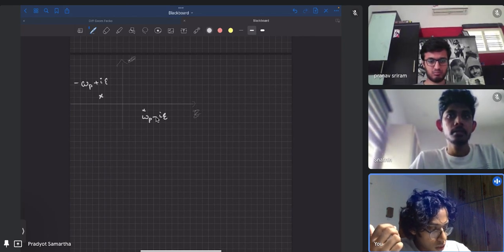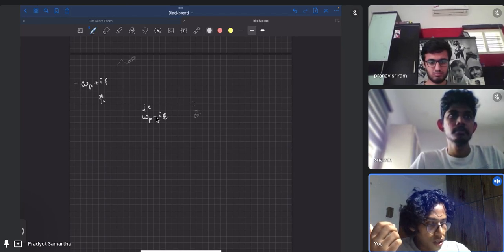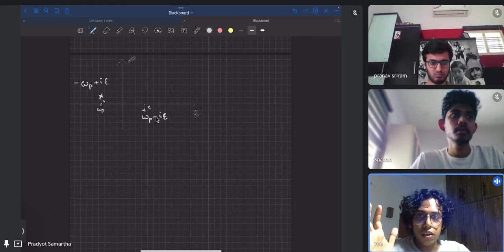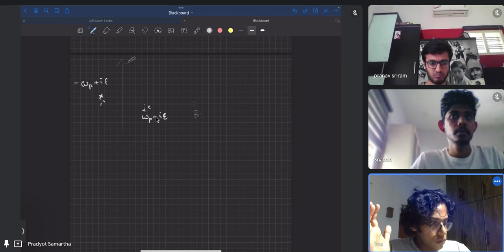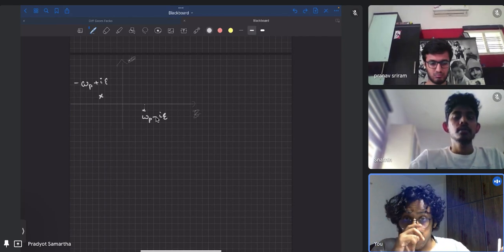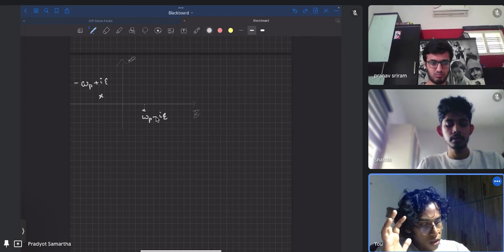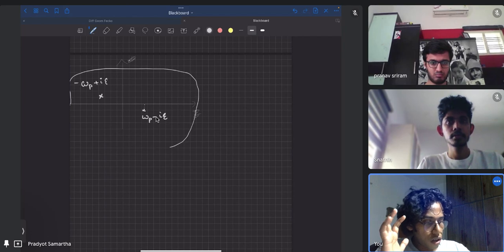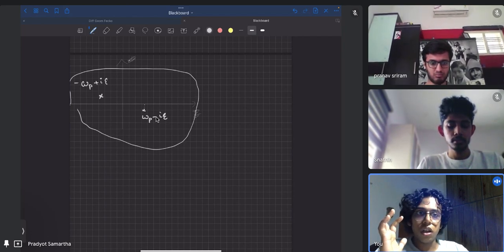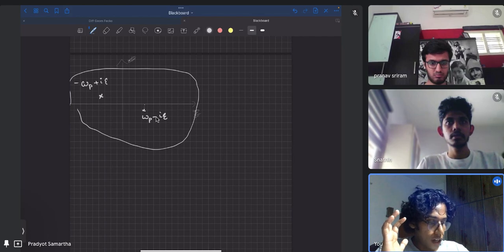Note that this is epsilon and this is epsilon, and these correspond to your omega p and all of that. Given this, now we have a contour integral. So we are integrating over this whole infinite region, but it has two singularities.